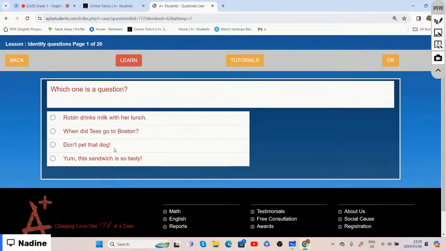So we now need to say which one of these sentences asks a question. Is it option 1, 2, 3, or 4? A question ends with a question mark.